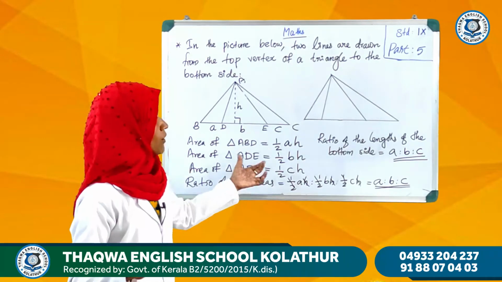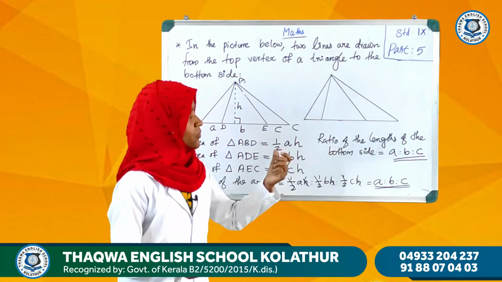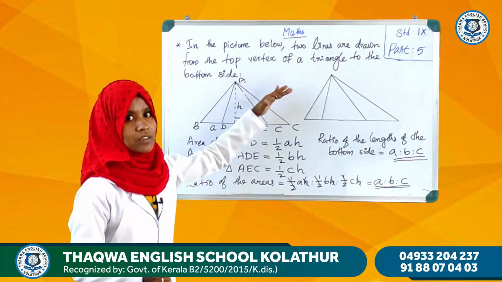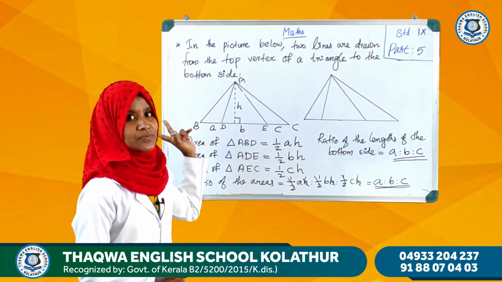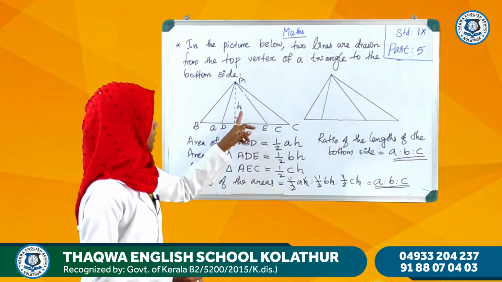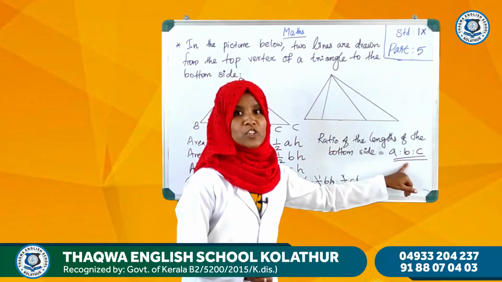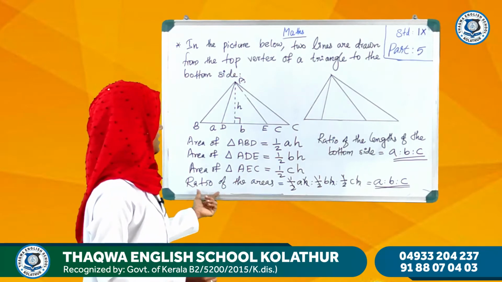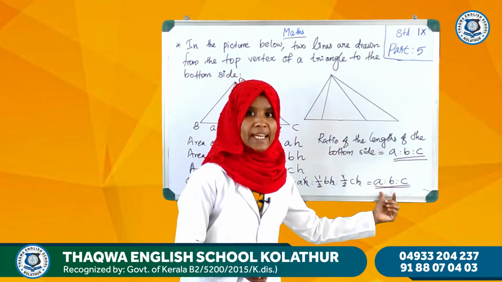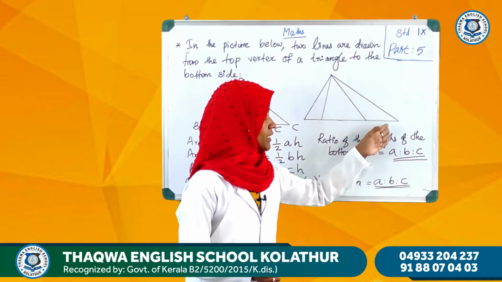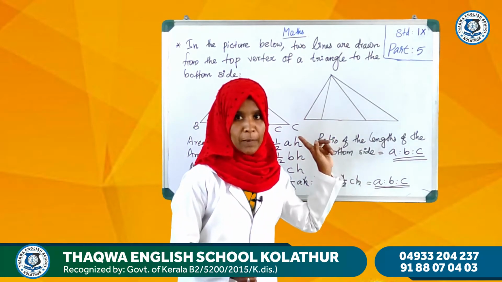So our proof is complete. Can you understand? Ratio of the lengths of the bottom side is A is to B is to C, and ratio of the areas is also A is to B is to C. That is, both are equal.